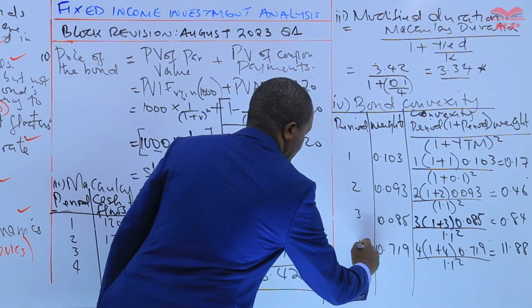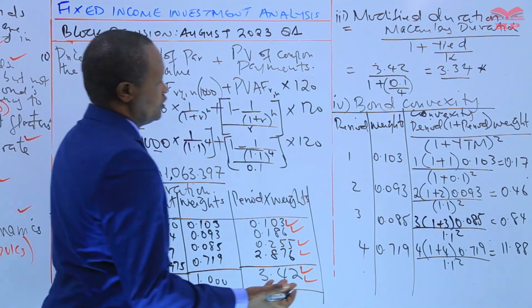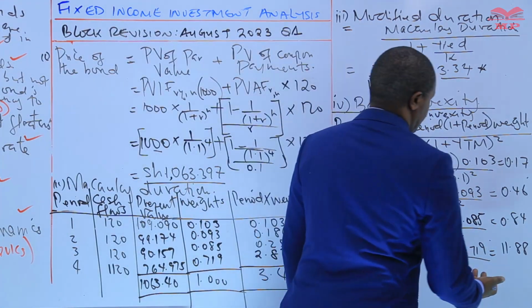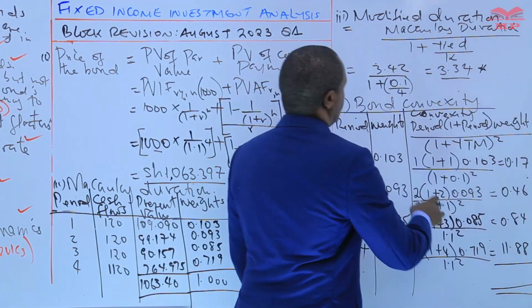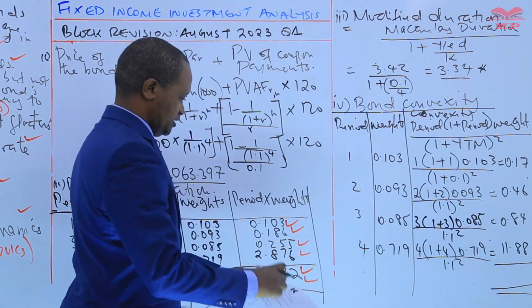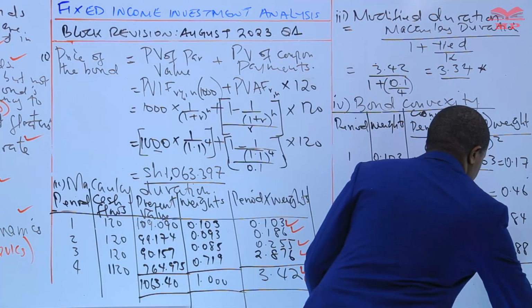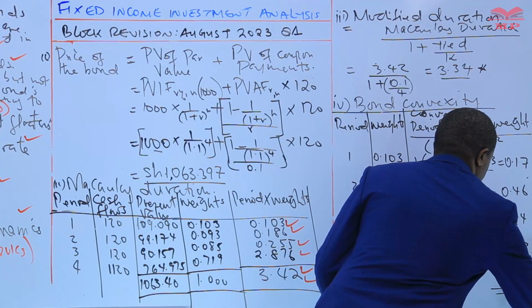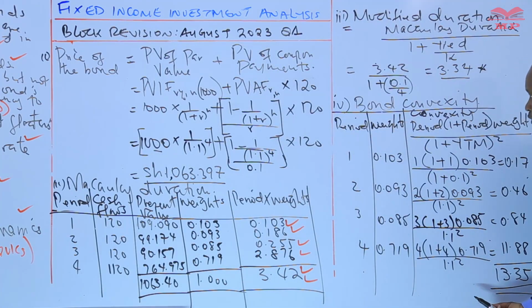This is the fourth period. So having calculated convexities at each and every period, we then sum these convexities to get the total bond convexity. So I'm going to add: 13.35. 13.35 candidates is the bond convexity.